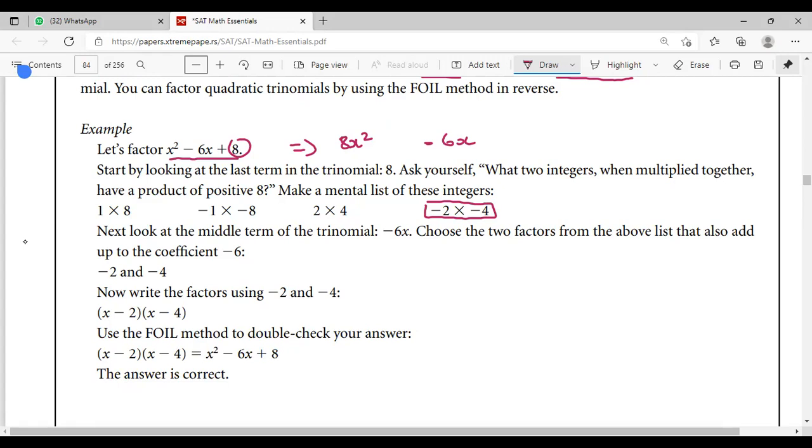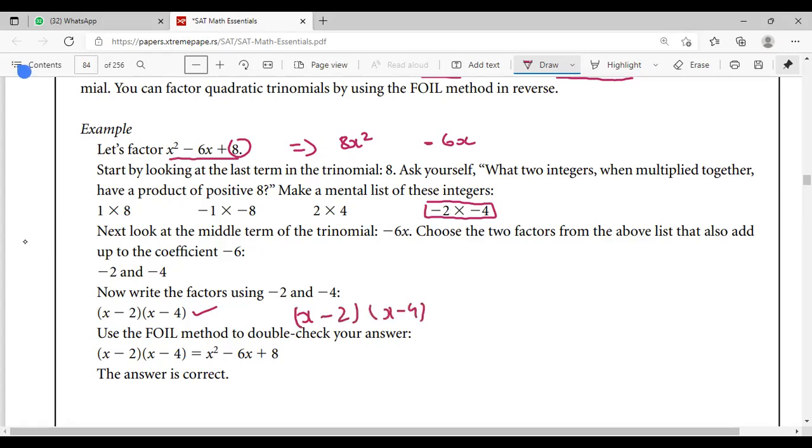Next, look at the middle term of the trinomial, minus 6x. Choose two factors from the above list. Minus 6. Now write the factors using minus 2 and minus 4. So you can write down this term directly this way. The two factors were minus 2 and minus 4. So you can write it directly: x minus 2 into x minus 4.